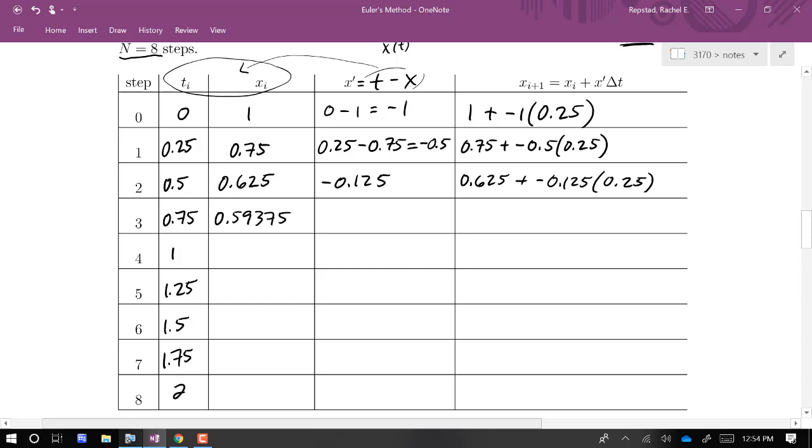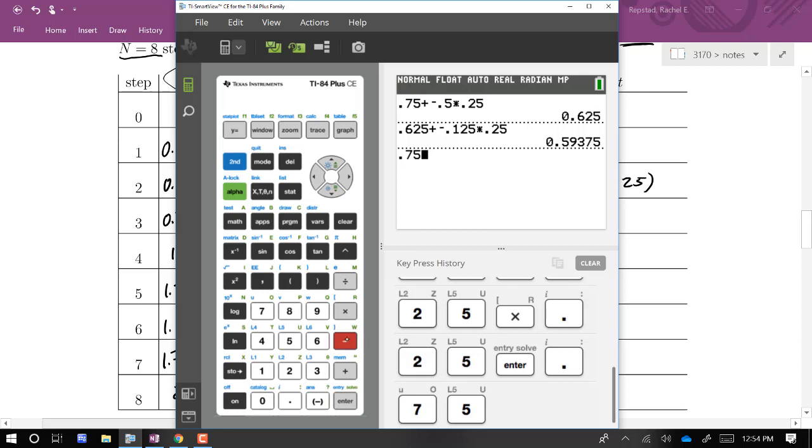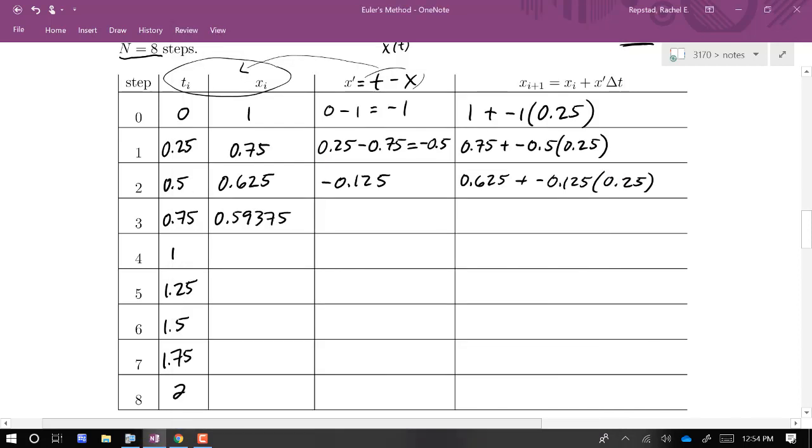And I keep going. 0.75 minus 0.59375. So here I'm going to use just a really handy feature. If I do second and then the negative sign, I can bring up ans. Let's just use the previous answer. So I'm going to do 0.75 minus that value, and I get 0.15625.